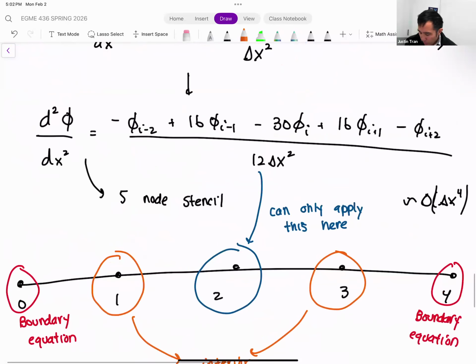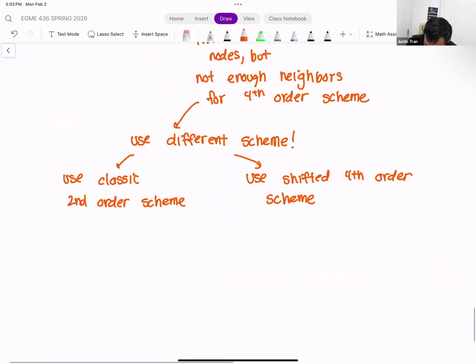We know that our fourth order scheme is probably going to need to involve 5 nodes in our calculation, right? But right now, the way that these 5 nodes are dispersed, we have our central node and we have 2 neighbors on the left and right. So we have our central node, our neighbor to the right, I plus 1, and I plus 2, and then the same thing on the left.